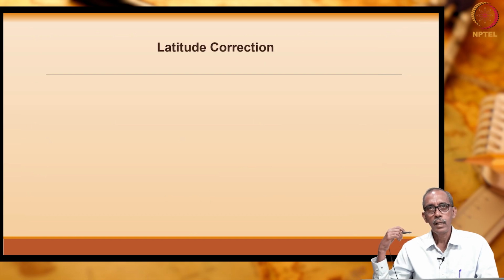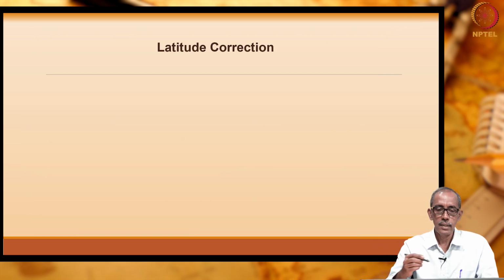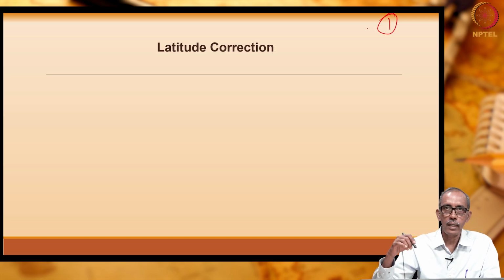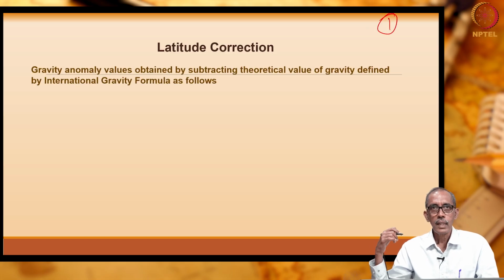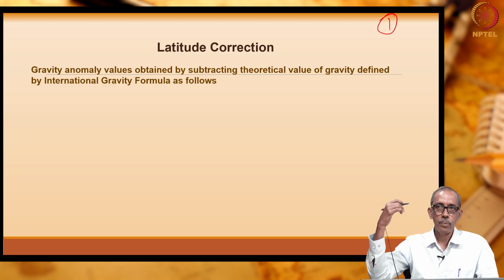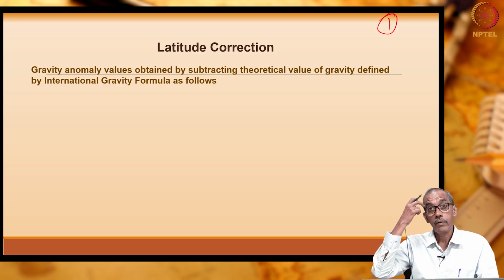First, let us take up latitude correction. This is the first correction we are going to take up. I had already explained to you that gravity values vary because of the change in the latitude of the earth. From the equator to the pole, the acceleration due to gravity is increasing.